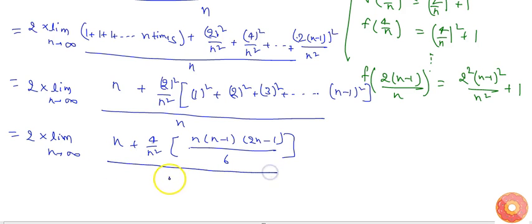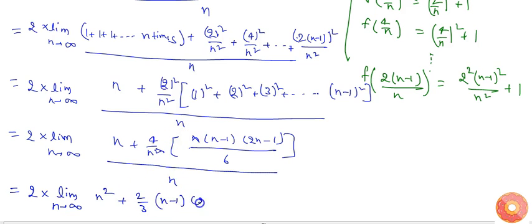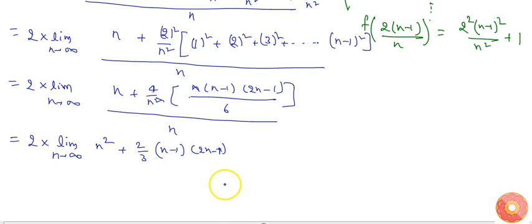in the denominator n is there, so 2 into the limit as n tends to infinity, I get n. From here the n will get cancelled, so I get n square plus 2 by 3 times (n minus 1)(2n minus 1) by n square.